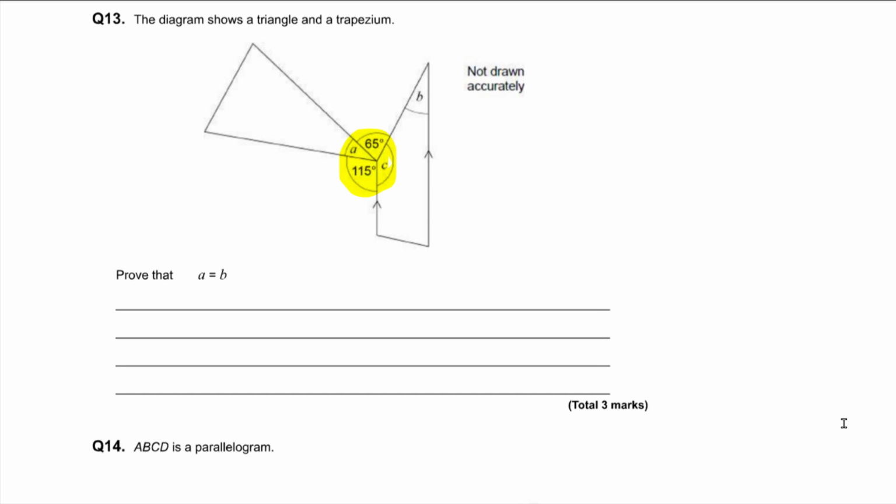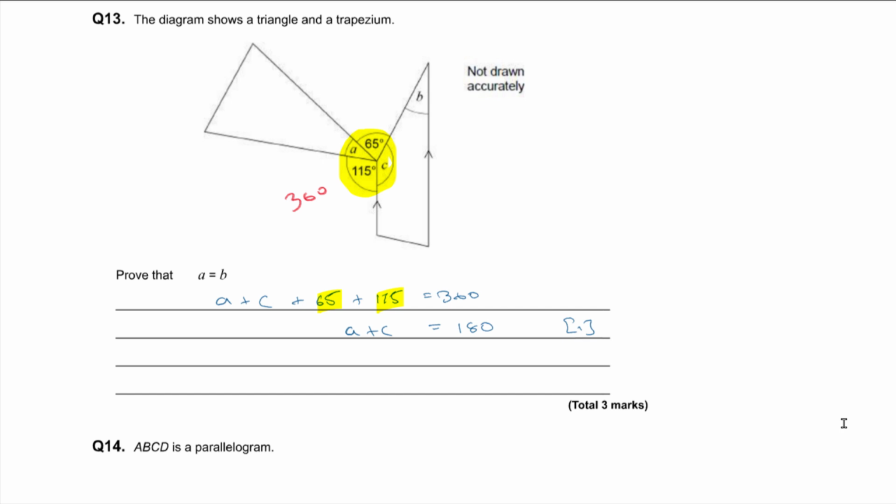So A plus C plus 65 plus 115 is equal to 360. Adding 65 and 115 gives 180, doesn't it? So A plus C is equal to 180. That's one equation that I know.